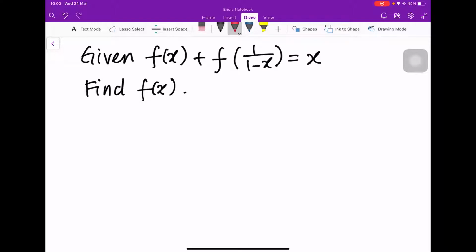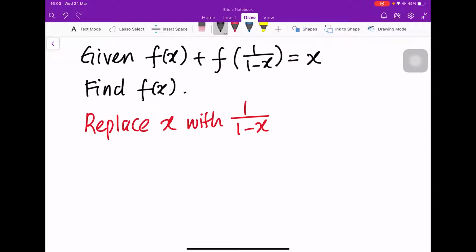The first step is I replace all the x in this equation with 1 over 1 minus x. You will see why later, because I want to get this term, f of 1 over 1 minus x, so that I can cancel it out with this term later when I solve my system of equations.